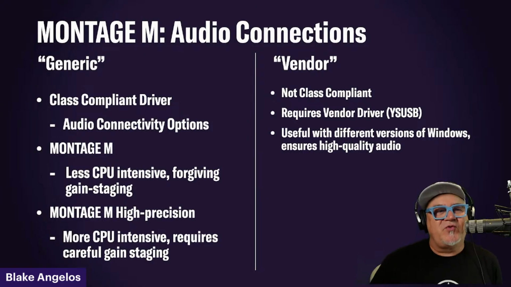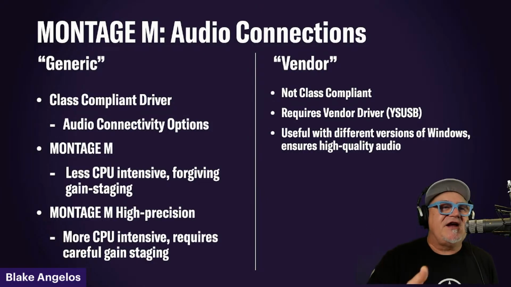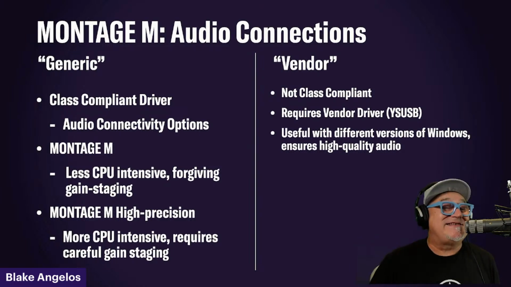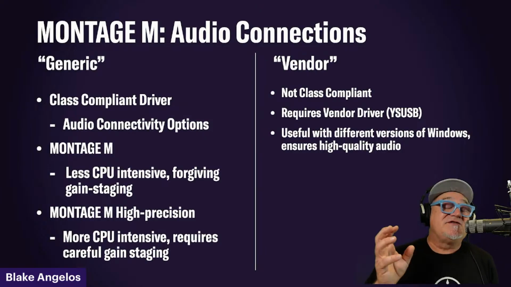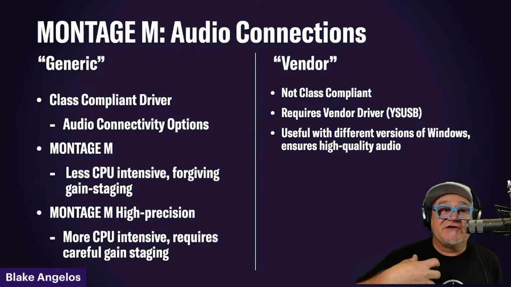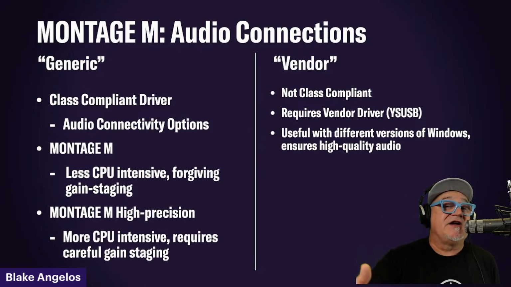Well, what the difference really truly is, Montage M, just Montage M, not high precision, is less CPU intensive and has a little bit more forgiving gain staging, and this is because it is a 32-bit or 24-bit float. That's the audio that is used when you connect just Montage M, is 32-bit or 24-bit float as opposed to fixed integer.